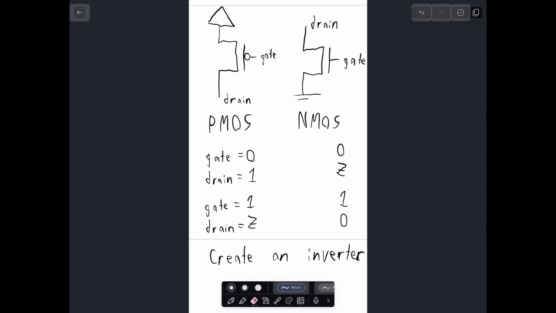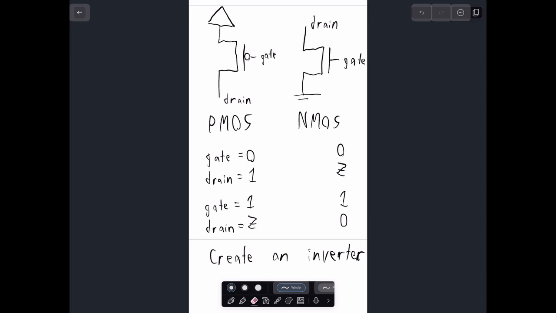So let's make sure that they're completely disjoint from one another. If we have 0 and 0, then what will happen? Remember? It's going to be an open circuit. If we look at the NMOS behavior, plugging in 0 and 0, we're not going to have any connection to ground. So this is going to be open and high impedance, so we're good.